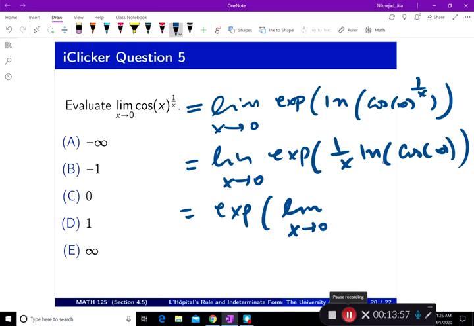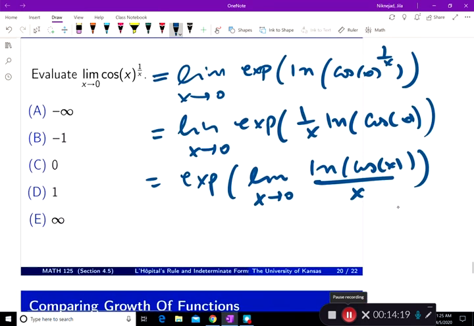And let's see, this is 1 over 0, which is infinity, times natural log of 1, which is 0. And it's better if I write it as natural log of cosine of x divided by x, right?